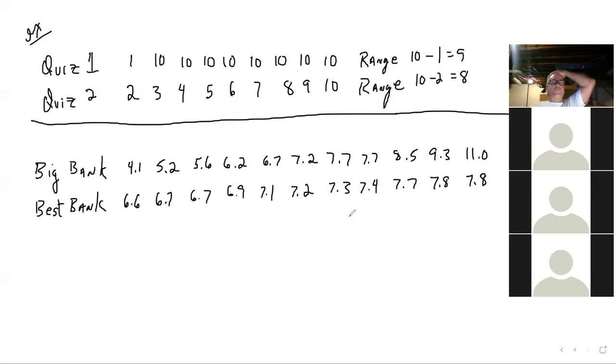All right. Now, we already know 7.2 was the median for both. Okay, now what I want to do, I think I can make this work.